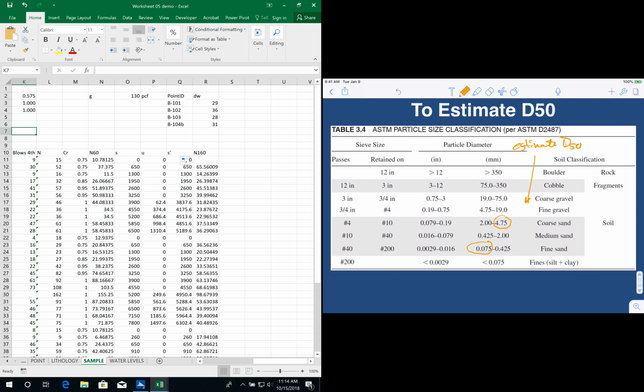And so we can use that in order to estimate what our grain size is. One way to do this would be just to take the log of the two. So you could take the log of 4.75 plus the log of 0.075, and take that divided by 2.